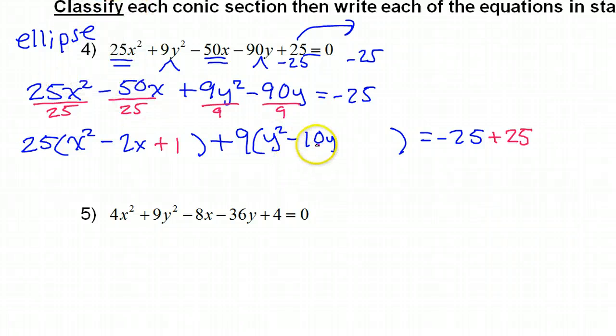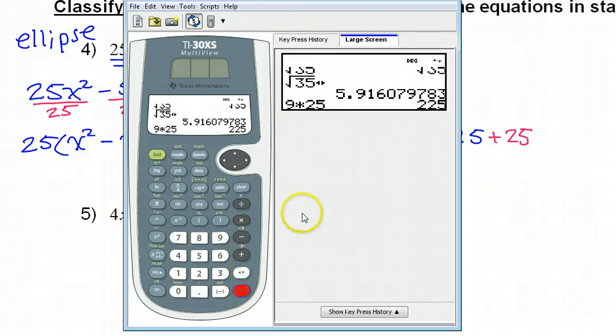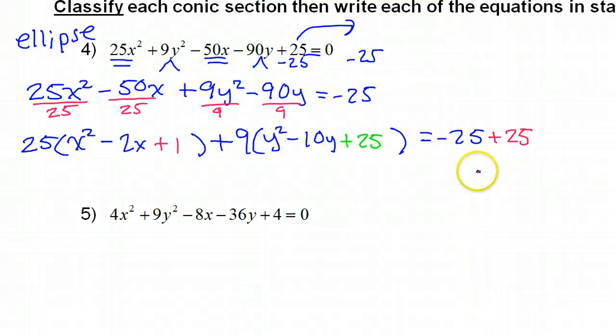Similarly, yes, half of 10 is 5, and 5 squared is 25. But again, I'm not going to add 25 over here, because this is really 9 times 25, which is a secret 225. So if I want to balance this out, I'm actually going to have to add 225 to both sides.